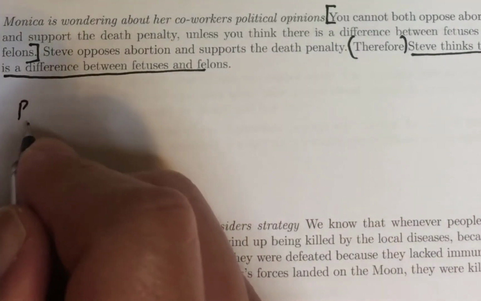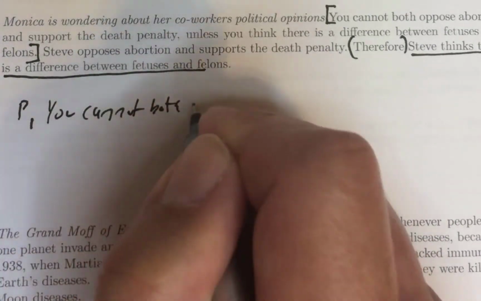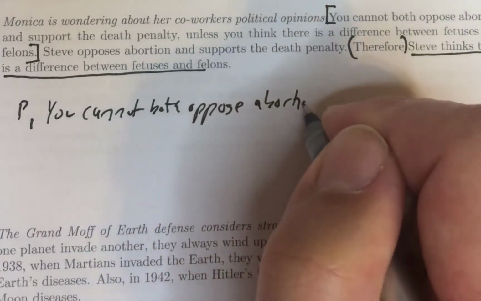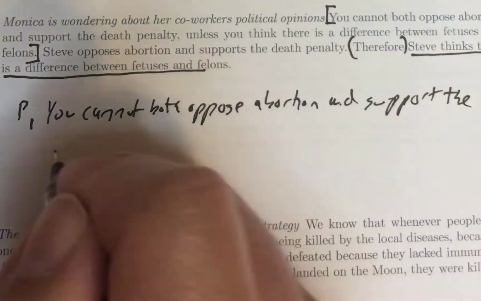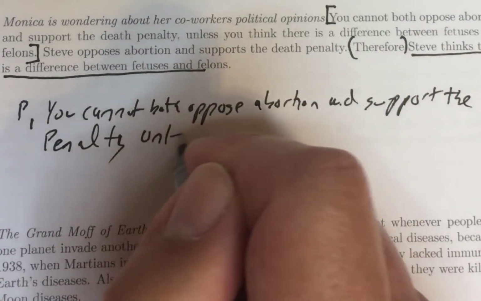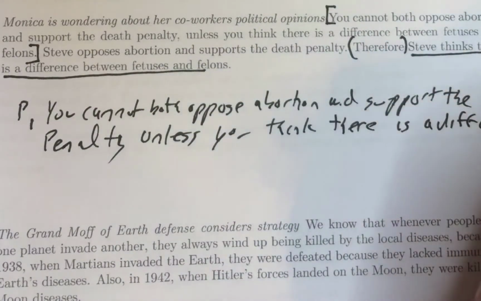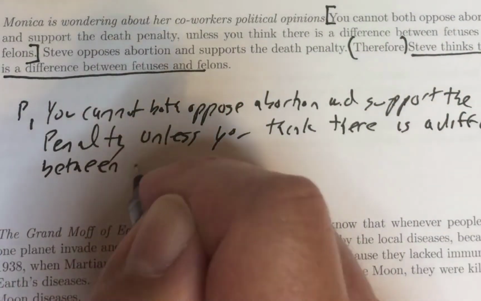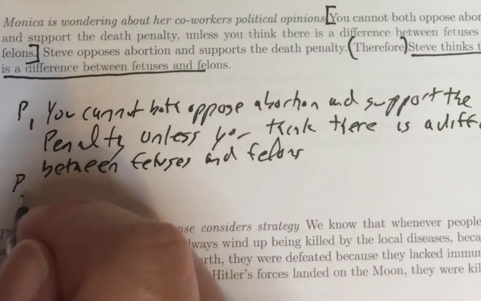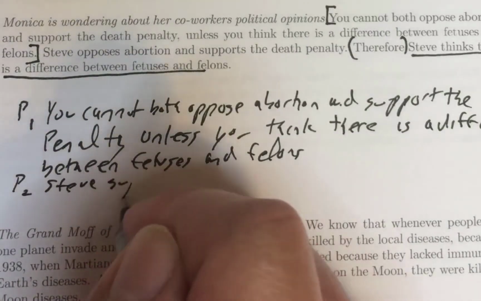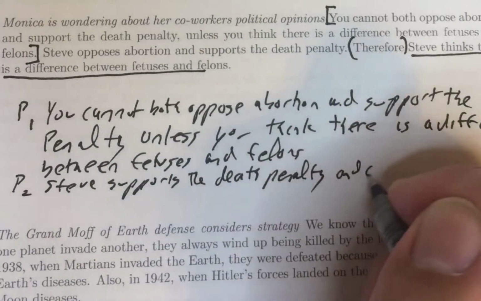We can write it out like this. P1. You cannot both oppose abortion and support the death penalty unless you think there is a difference between fetuses and felons. P2. Steve supports death penalty and opposes abortion.